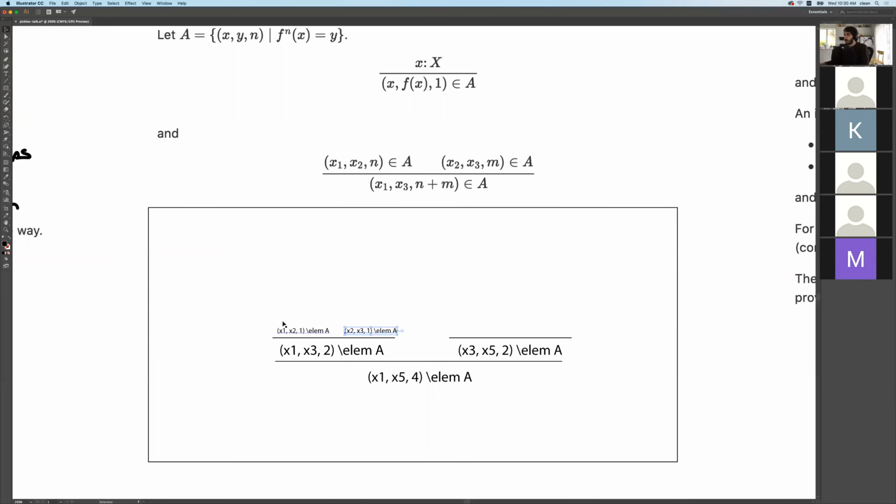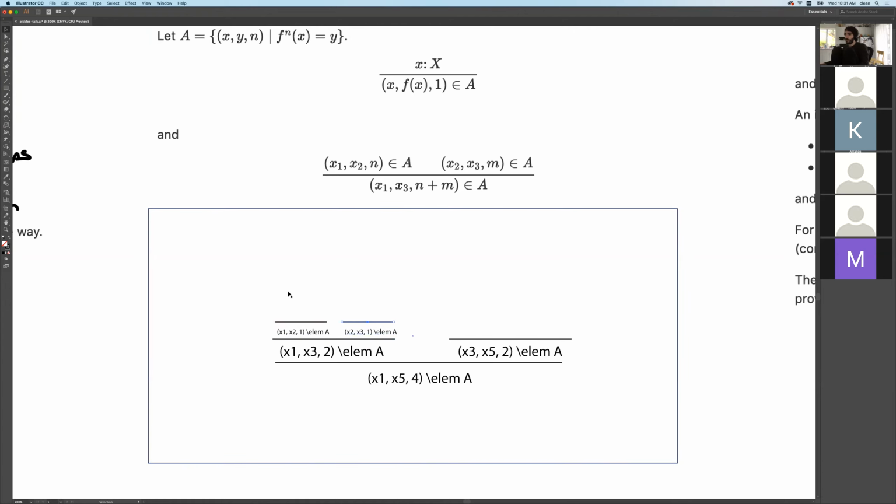Then we can finish off these proofs via an application of this base case rule, assuming that, for example, x2 is equal to f of x1 and x3 is equal to f of x2.